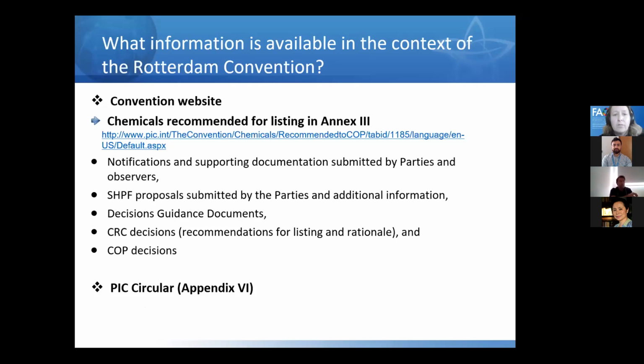For example, notification and supporting documentation submitted by parties and observers, severely hazardous pesticide proposals submitted by the parties, and additional information, decision guidance documents, chemical review decisions, including recommendations for listing and the rationale, and also what is the main basis is the available COP decisions for each of these 5 chemicals.